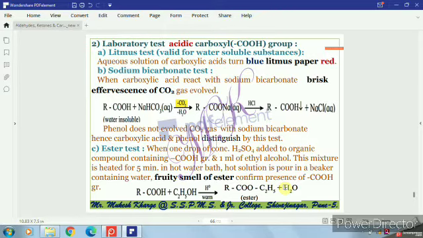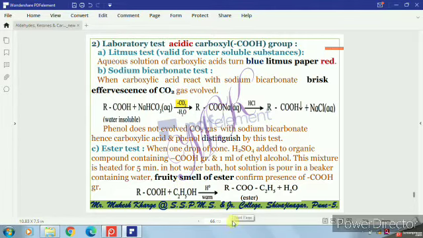If you observe the fruity smell, this indicates that your original compound is acidic in nature. So this is not a test for ester, it is a test for carboxylic acid. Your functional group is COOH because of the presence of the fruity smell.